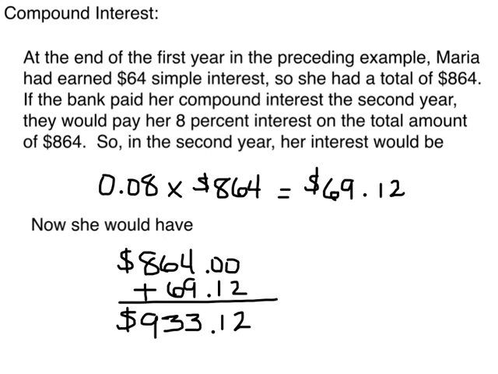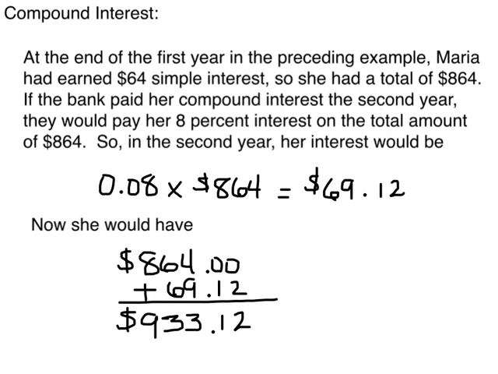All right. In the previous example, Maria had earned $64 simple interest at the end of a year. So at the end of the first year, she had a total of $864. If the bank is paying her compound interest, then the second year they would pay her 8% on the total amount, not on the original $800, but on the new total of $864.